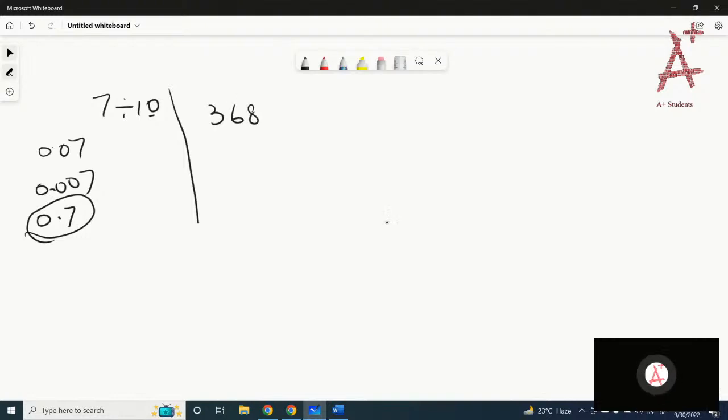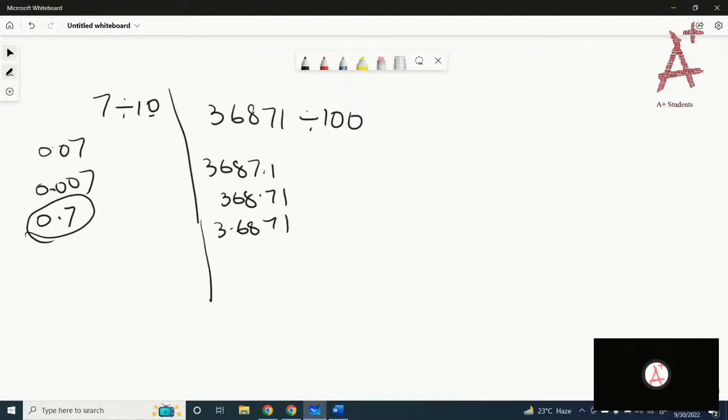Okay, the next one is 36,871 divided by 100. So you are given the options 363,687.1, 368.71, and 3.6871. So which option is the correct one?